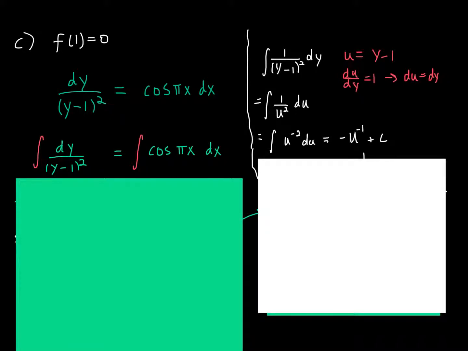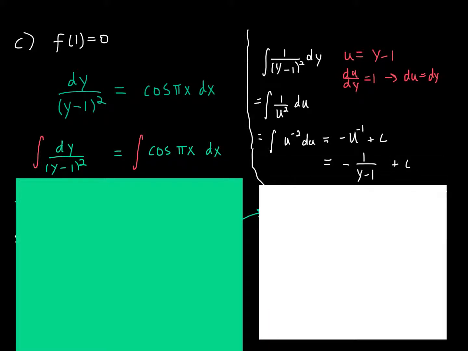So I'm going to end up having the antiderivative of u to the negative 2 du, which is negative u to the negative 1 plus c. Now, u to the negative 1, that's 1 over u, so it's negative 1 over u plus c, and substituting back in my u, I'm going to end up with negative 1 over y minus 1 plus c.